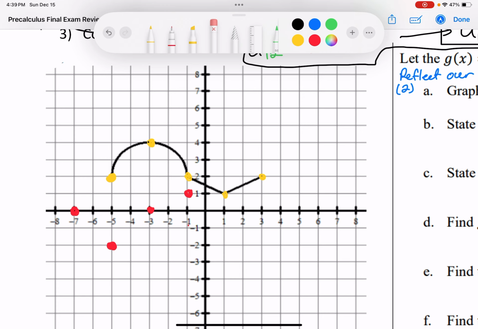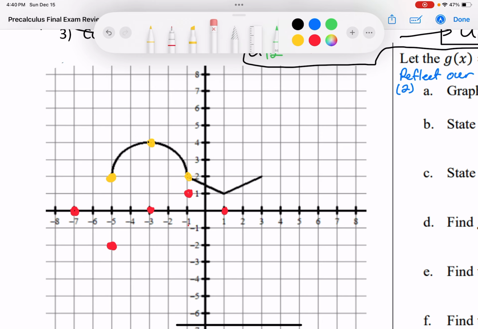Now I got it, because I erased too many points the first time. So now we're going to move this final point 2 units to the left. We're going to reflect that point across the x-axis. So that's going to be right about here. And then we're going to move that point up 2 units. So it's going to land right here. And now we can sketch.